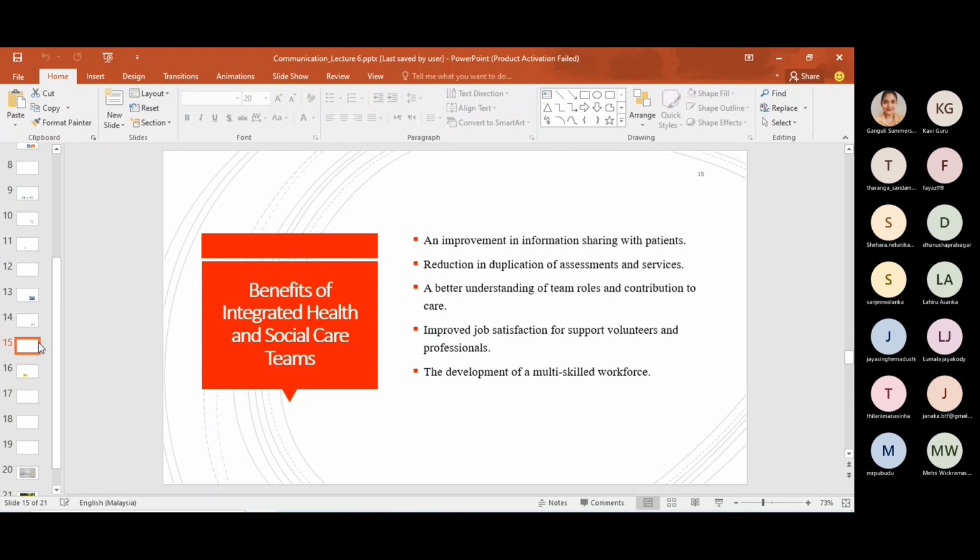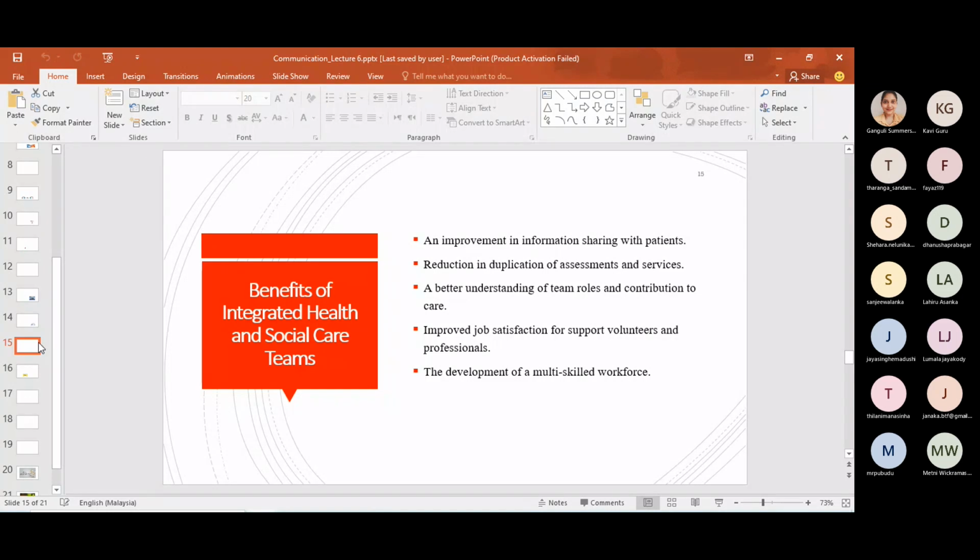Instead of 10 companies providing the same service, you can get together and as one entity provide the service to your customers. So this will prevent duplications or repetitions of services.